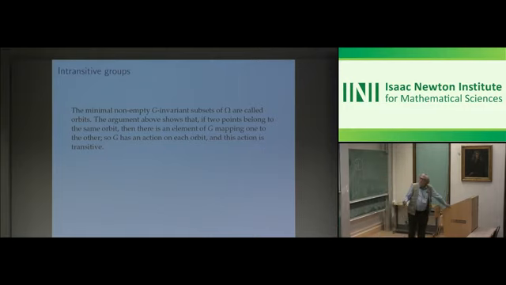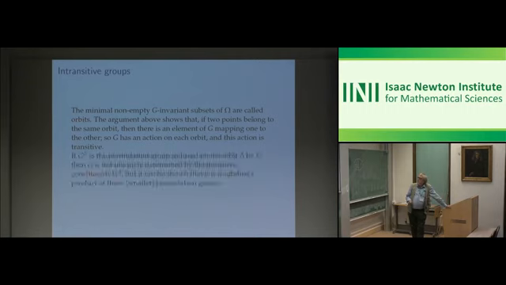But if you're interested in what the actual group is, it's a little bit more complicated, because the group G is not uniquely determined by the transitive constituents. If you had a group with two orbits of size 2, then on each orbit you see the cyclic group of order 2, but you don't know, until I tell you, whether the whole group is C2 acting simultaneously on both orbits or whether it's C2 cross C2.